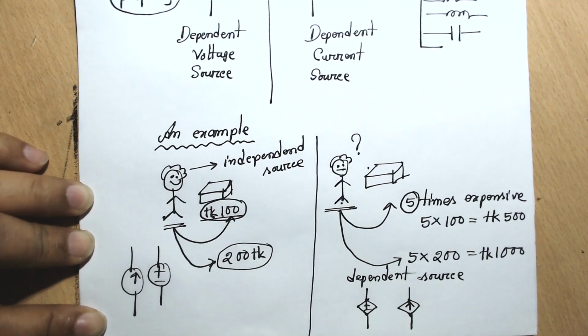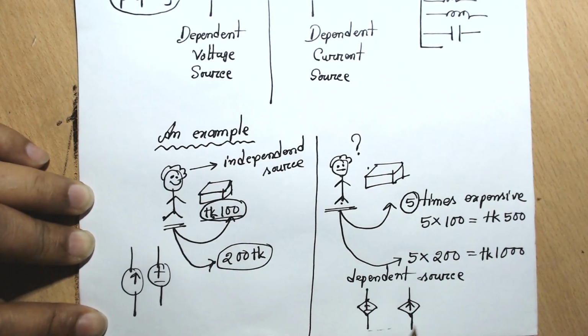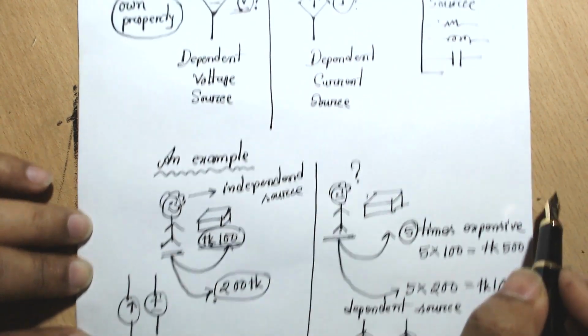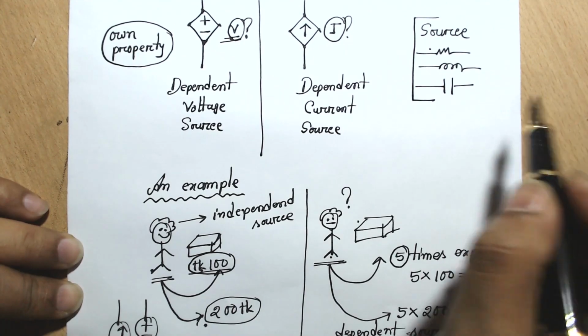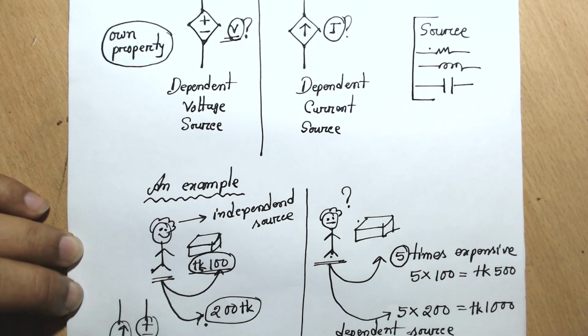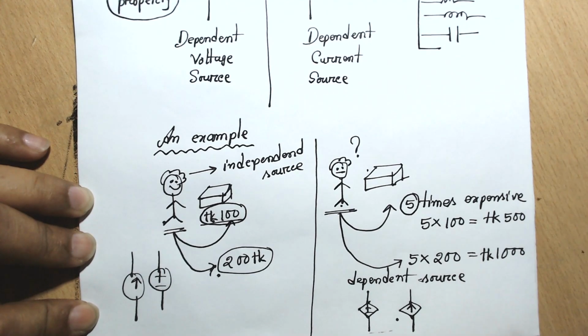So in short, the value of this type of source will depend on others. It may depend on some other independent source. It may depend on a resistor or a capacitor or some properties of an inductor, etc. It will depend on others. That's the main fact. So that's pretty much the basics.